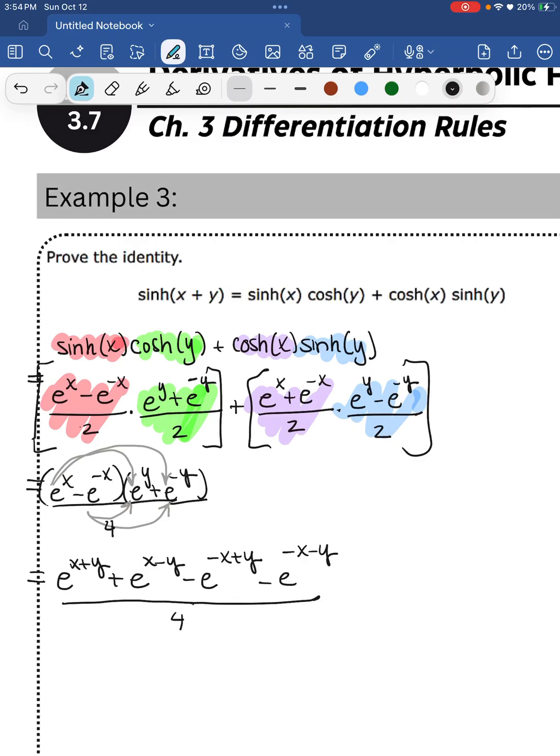So we're going from the left side to the right side, or the right side to the left. In this case, I think it would be a good idea to go from the left. So we're going to start at coth squared of x minus 1.